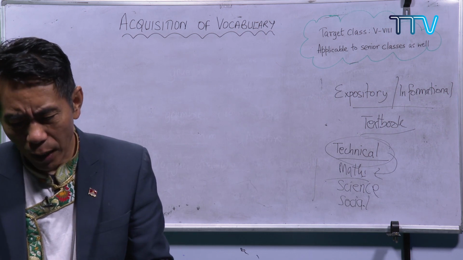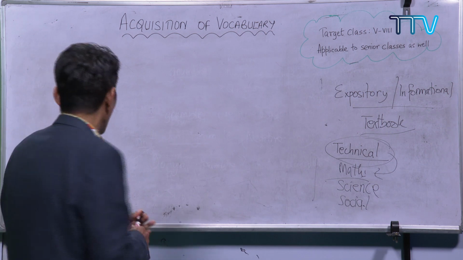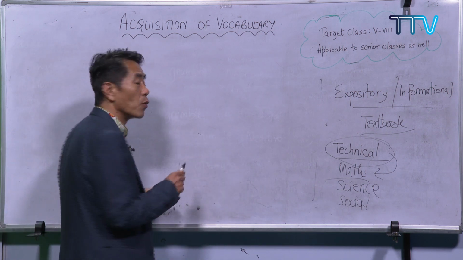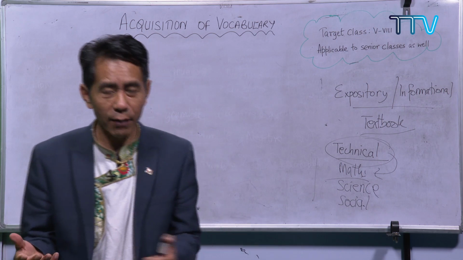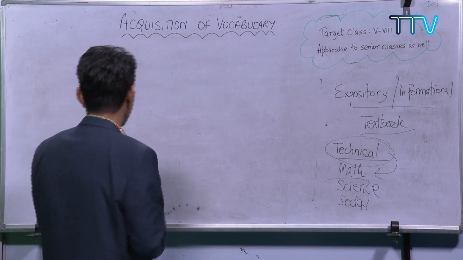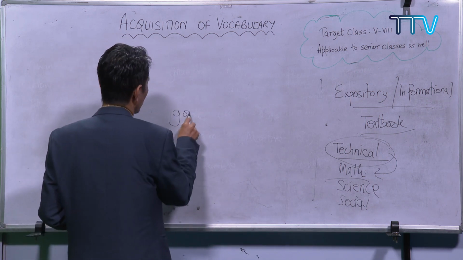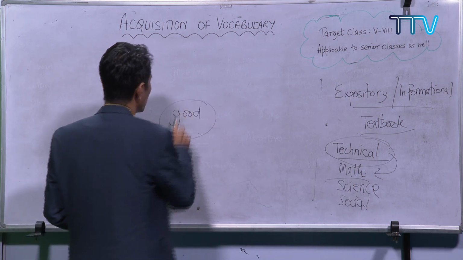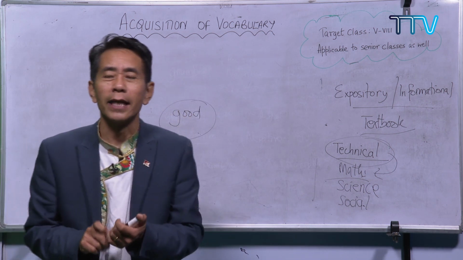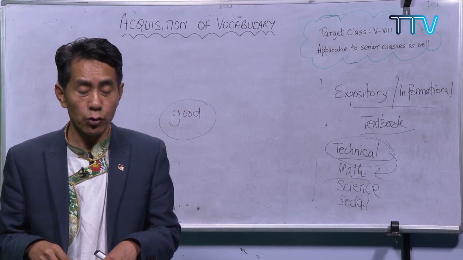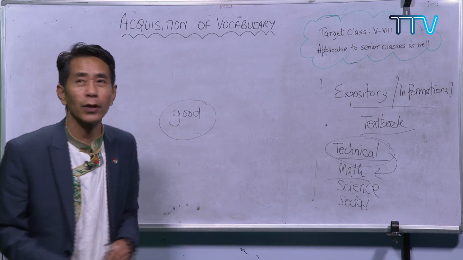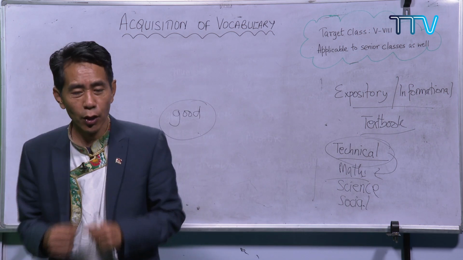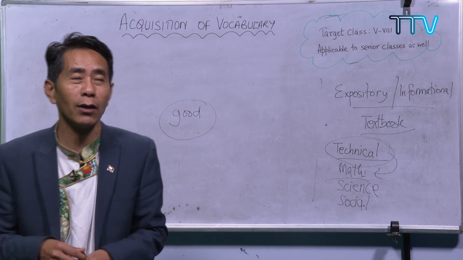And the other one: whenever you come across any new word, for example, good, G-O-O-D, which is just a new word for small children. Suppose you know good, now there is no need for you to find one additional day to learn the opposite of this. You should not say, today I learned the word good, and tomorrow I'm going to learn the opposite of the word.